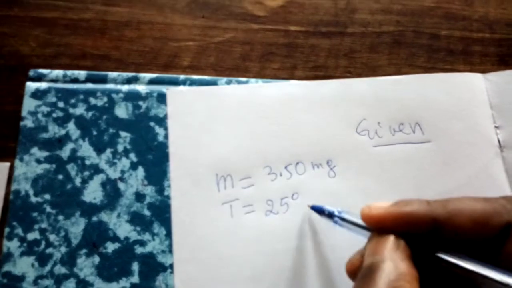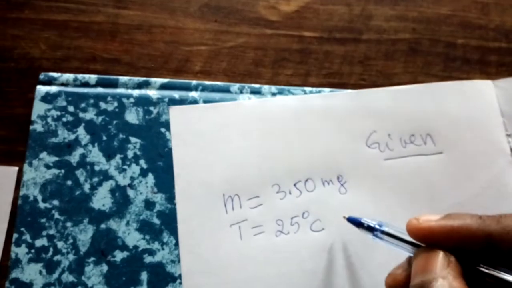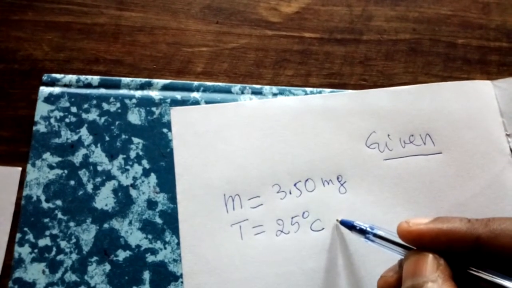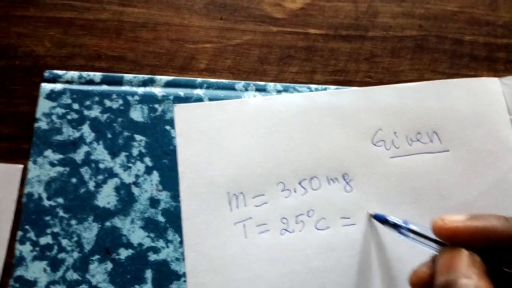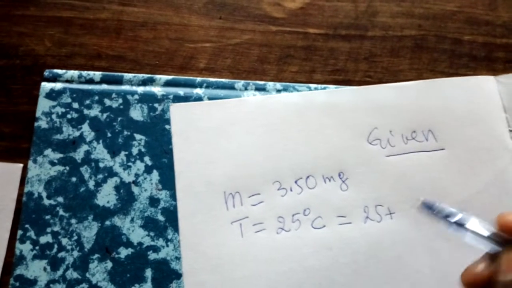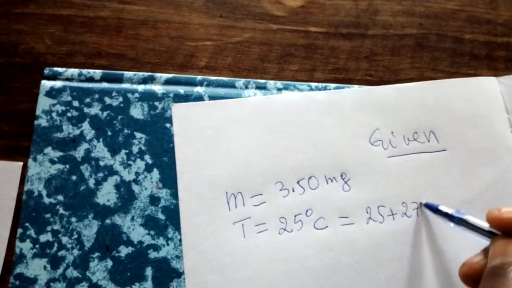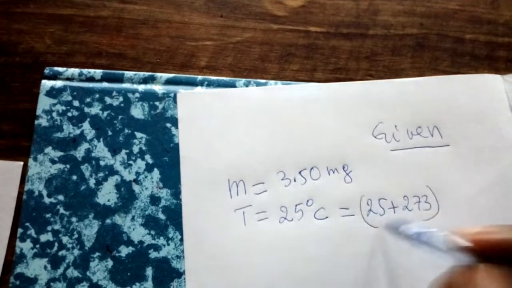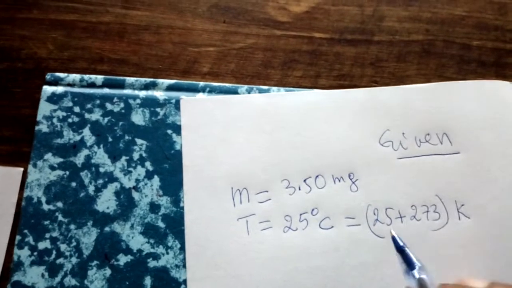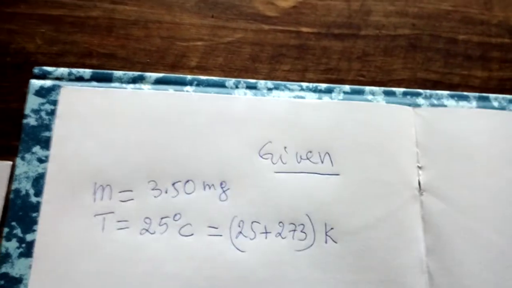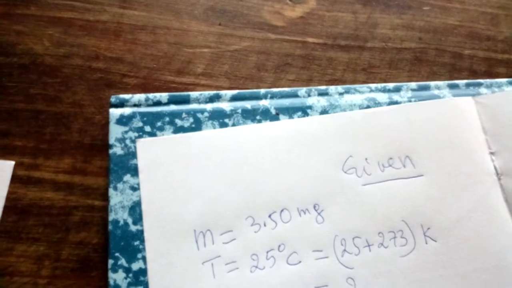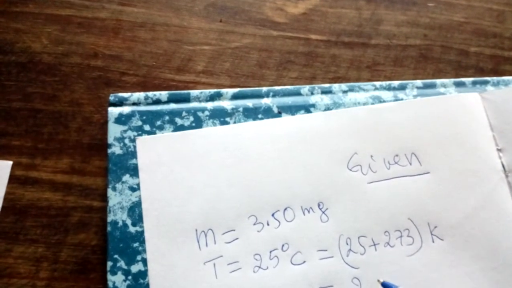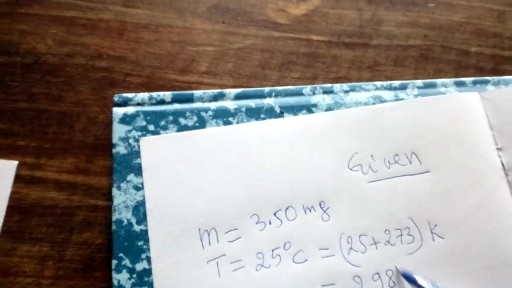Temperature is equal to 25 Celsius degrees, but because we have to calculate in Kelvin, it is equal to 25 plus 273, and we convert the temperature into the unit called Kelvin. Converting into Kelvin, we have 298 Kelvin.